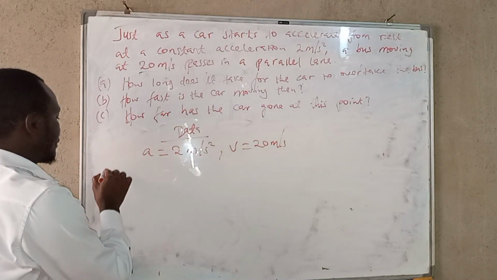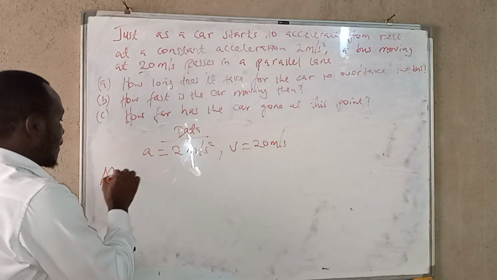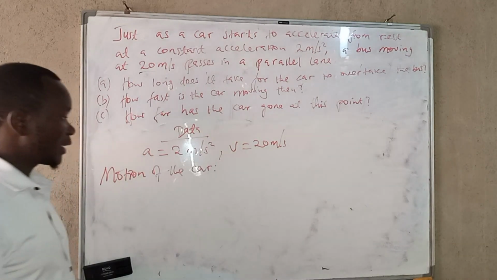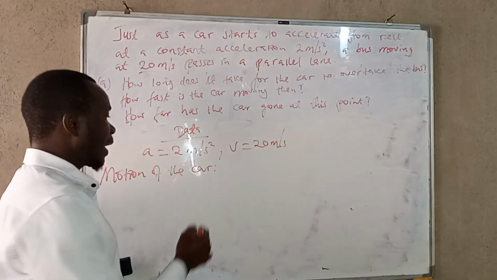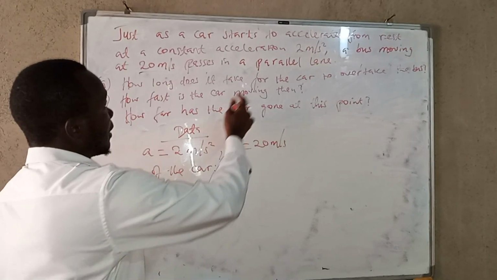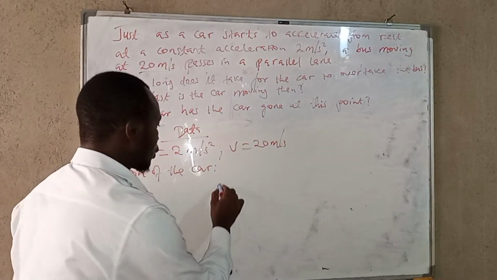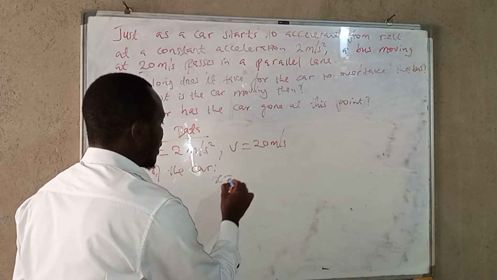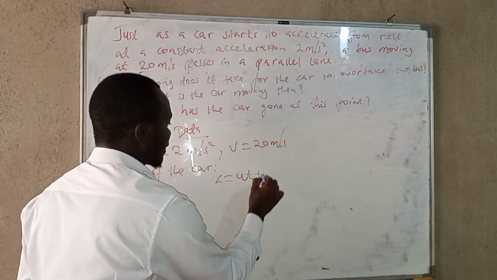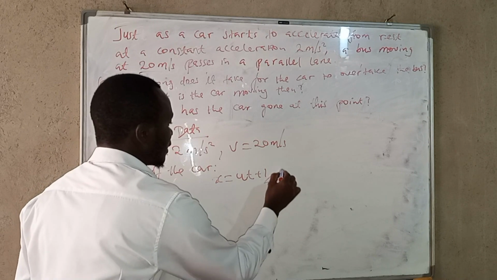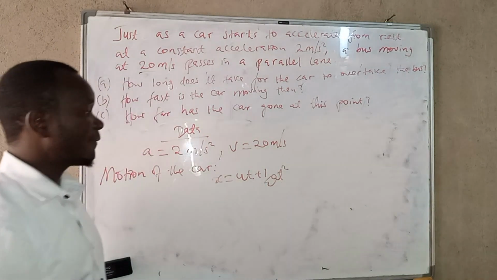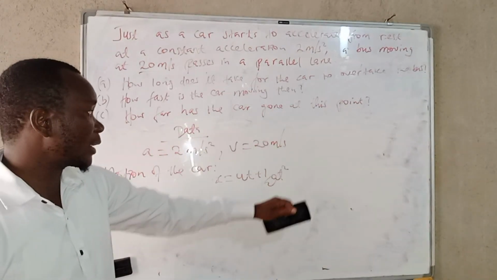So for the car, we have motion of the car. Since it is starting from rest and moving at this acceleration, we have x is equal to ut plus half at squared. This is the common equation for an object that is accelerating.